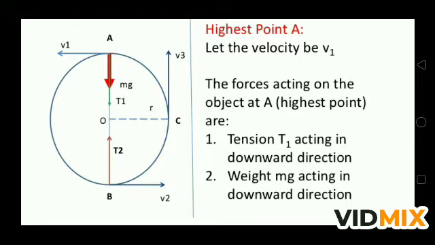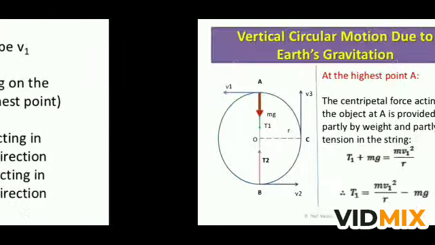The forces acting on the object at A are tension T1 acting downward and weight mg acting downward. At the highest point the tension is acting towards the center, that is downward, and the weight of the body is also acting towards the center, downward. Both the forces are acting in the downward direction.